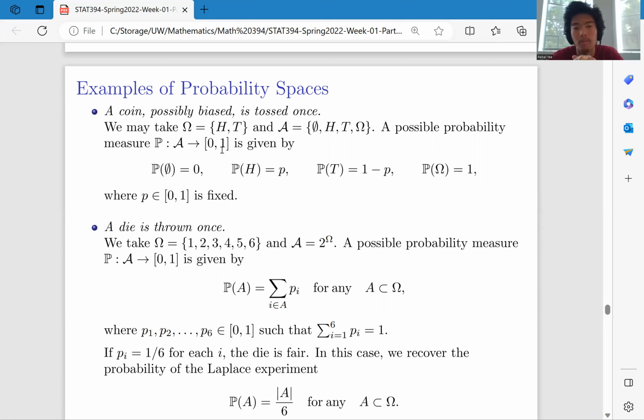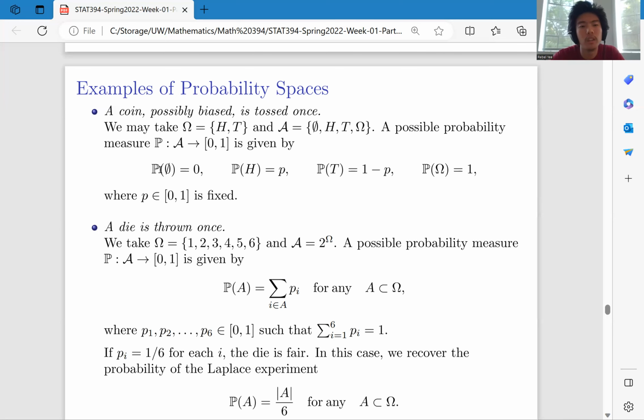This is because if you have one event that is greater than 1, for example 1.1, and all other events must be greater than or equal to 0, you cannot decrease that value to 1 when you combine them, so the sum will never be 1. So this is the reason why this function goes from the fancy A to the range 0 to 1.